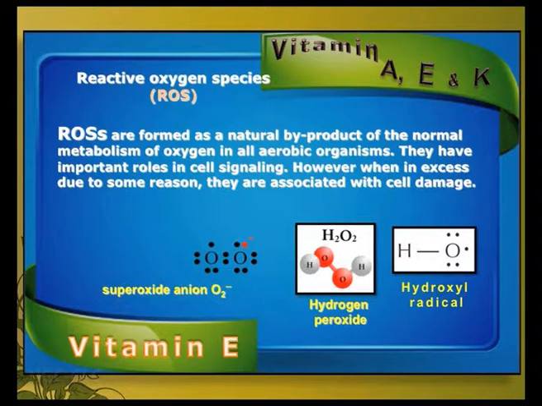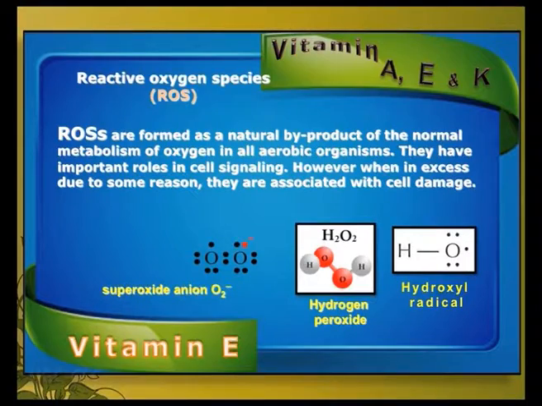A major function of vitamin E is to act as an antioxidant. Reactive oxygen species, or ROS, are produced in the body of all aerobic organisms as a consequence of oxygen metabolism. These ROSes have definite cellular functions.